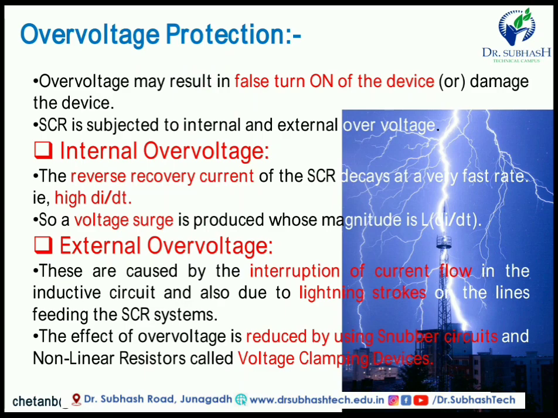Whenever overvoltage protection is applied, we have to protect the whole circuitry as well as the individual devices, so we can run our device well. Remember that there is internal overvoltage as well as external. For internal, remember the di/dt rating; for external, remember the lightning stroke, and we connect the snubber circuit across the SCR so we can protect the device.